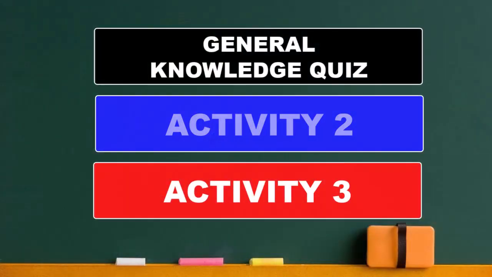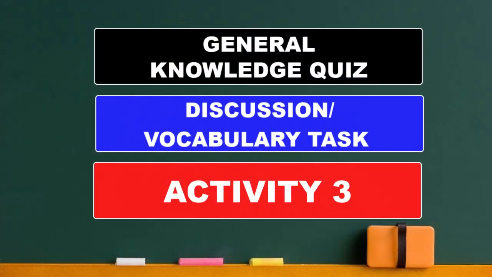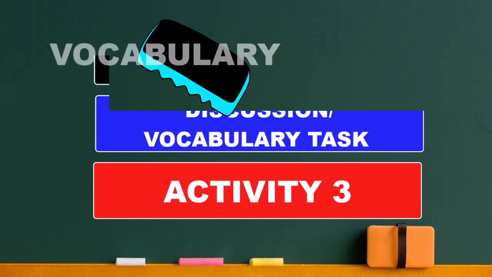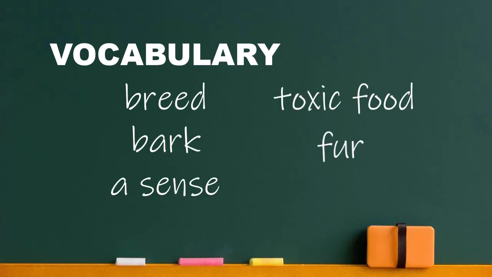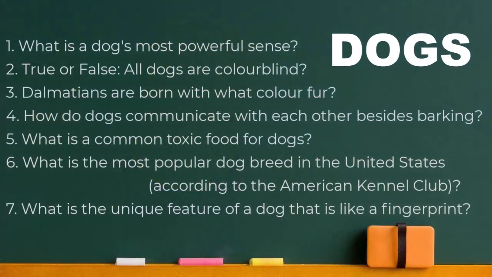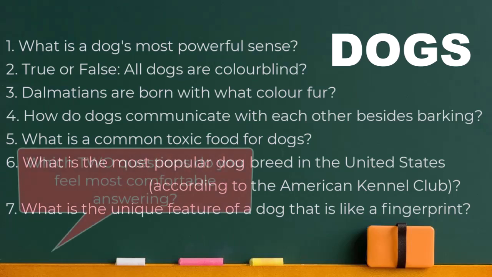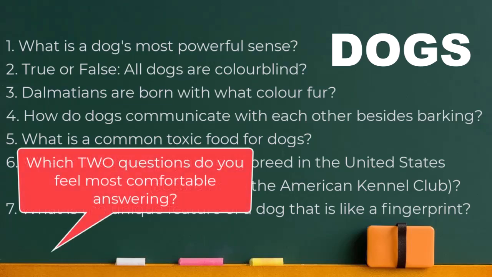Okay, you've done another activity with your class, maybe a discussion about dogs or a matching task with some of that vocabulary: breed, bark, a sense, toxic food, fur. Now put the questions up again and ask them to discuss with their partner which 2 questions they feel most comfortable answering. 5 minutes.